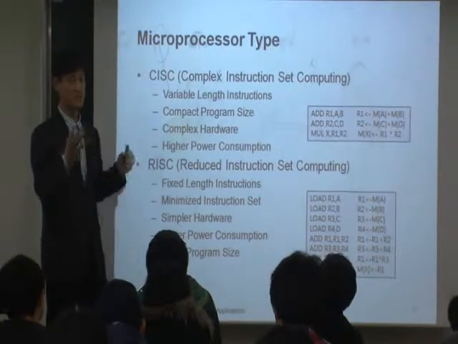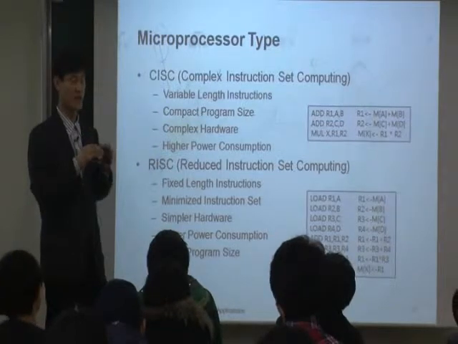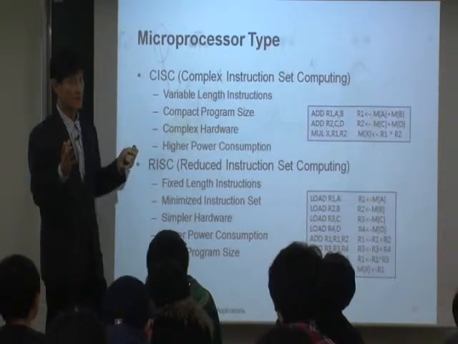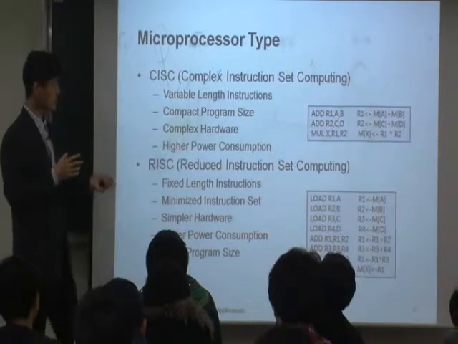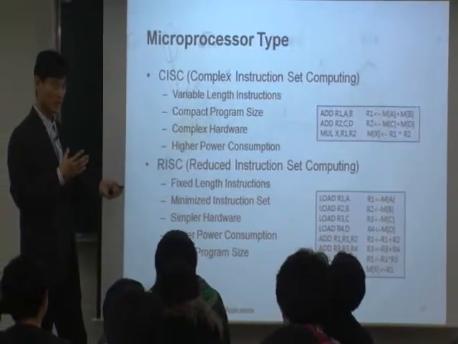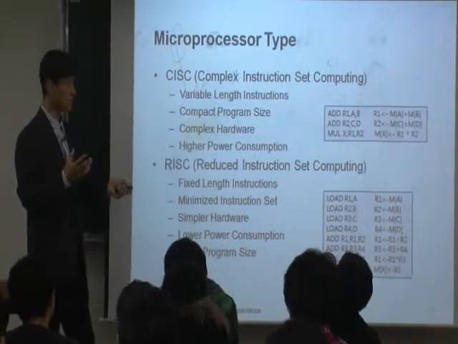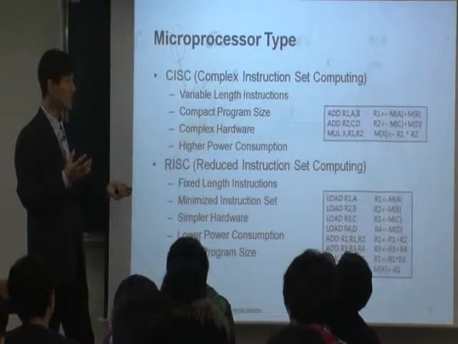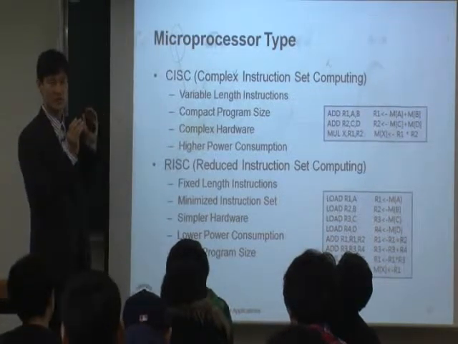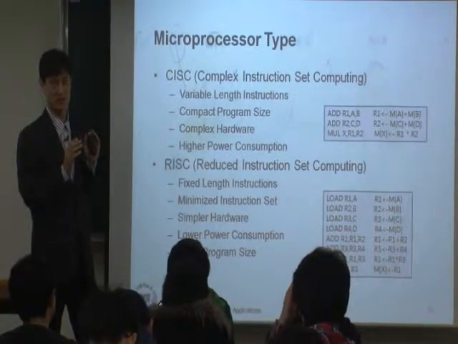Even very complex instructions, they have all of them. Whereas in a RISC processor, they have a reduced instruction set. Basically it means that they have only a small number of instructions, only the basic ones.